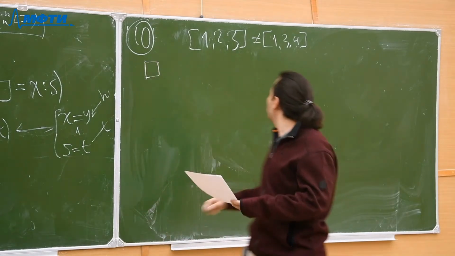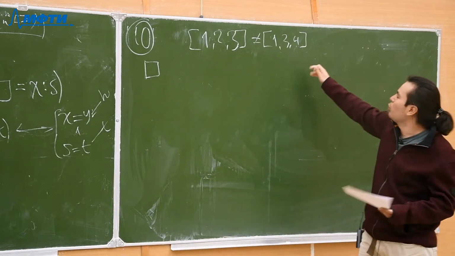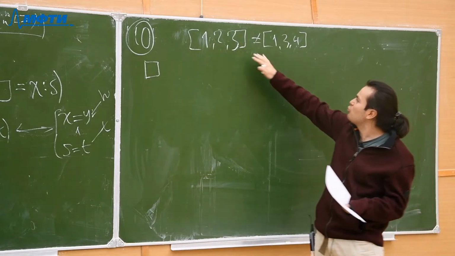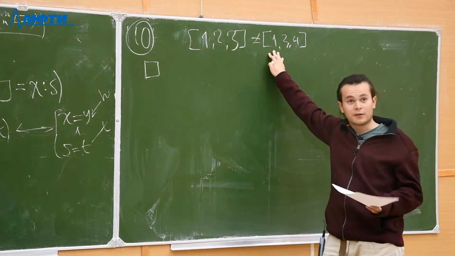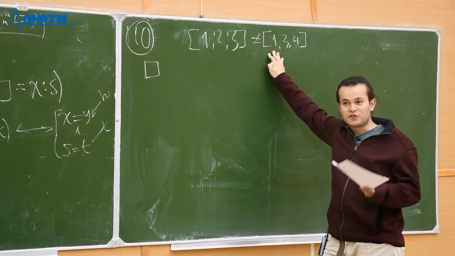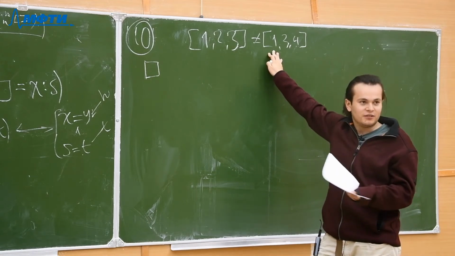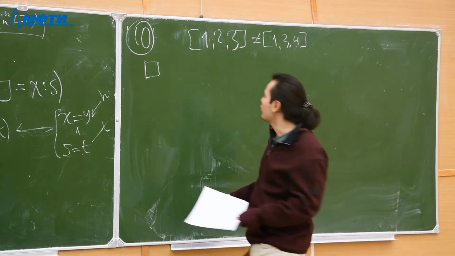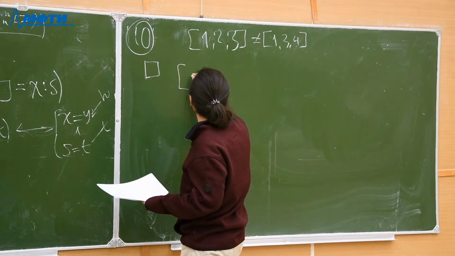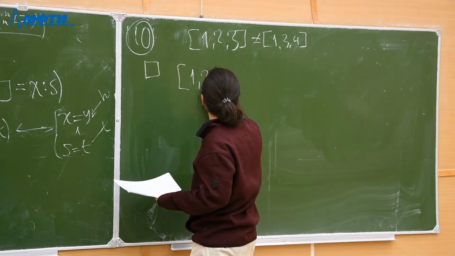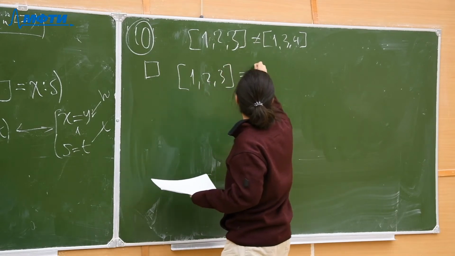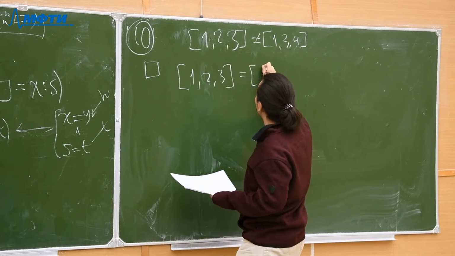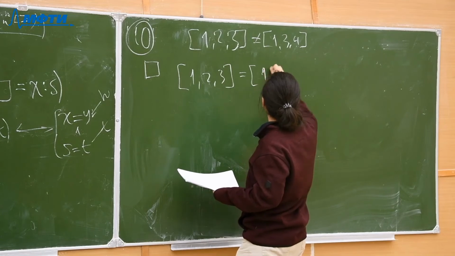So what do we need to do to prove this? We have to show that these two strings are different. So let's suppose that they are equal, and we will get some contradiction maybe. So let's suppose that 1, 2, 3 is equal to 1, 3, 4.